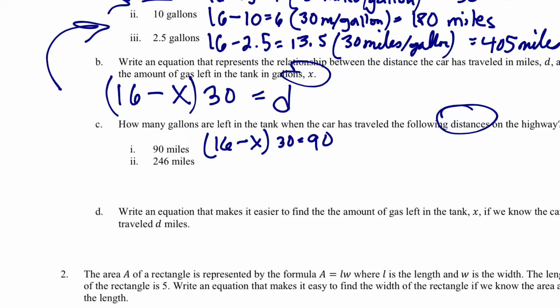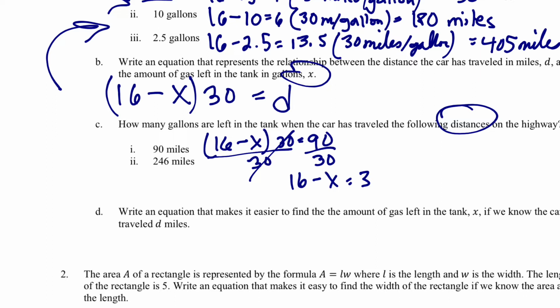Now remember we talked about this a little bit in class on Friday. Here you have an option. You can distribute this 30, or since we know 30 goes nicely into 90, we can divide both sides by 30 to cancel out that 30, okay? And so 90 divided by 30 is going to be 3. We're going to get 16 minus x equals 3.